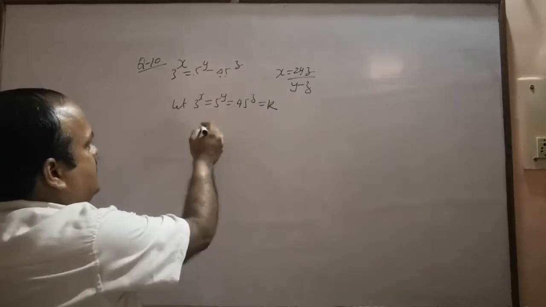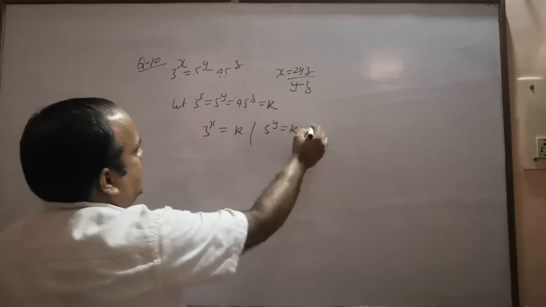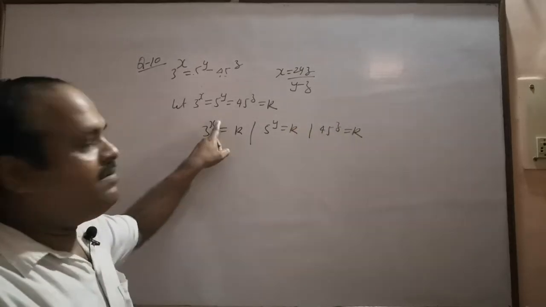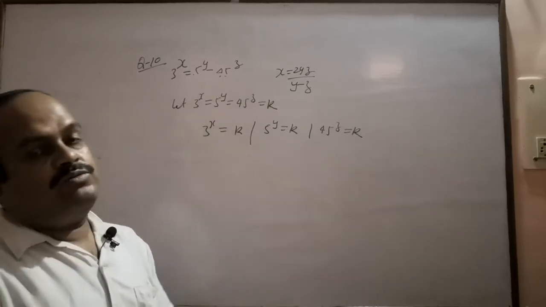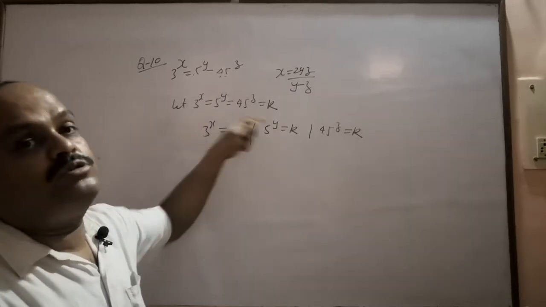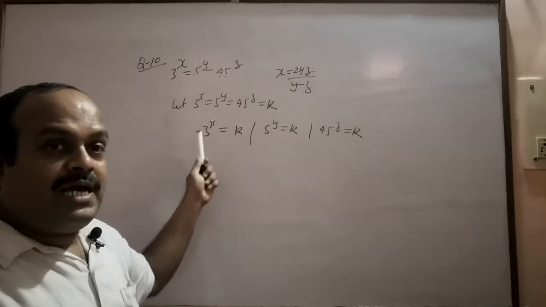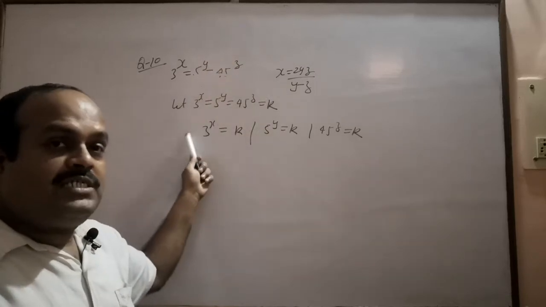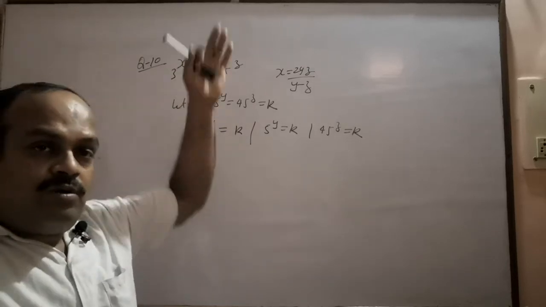So what shall we write? 3 to the power x equals k, 5 to the power y equals k, 45 to the power z equals k. In the live class I have explained how to remove this power. To remove this power we have to take the reciprocal power of both the sides. So the reciprocal of x is 1 by x. We will raise each base on both the sides by the power 1 by x.